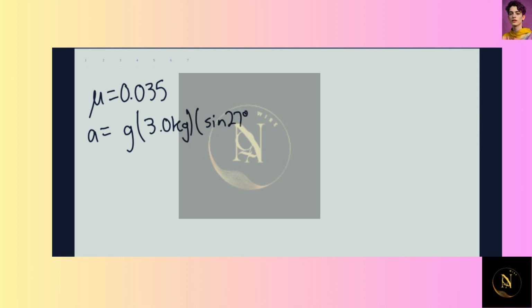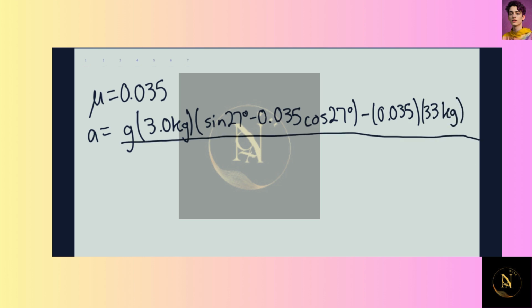So let's try mu equaling 0.035. So acceleration would then be equal to, again, g, the acceleration due to gravity on Earth, times 3.0 kilograms times sine of 27 degrees minus 0.035 cosine of 27 degrees minus 0.035 times 33 kilograms, all divided by 19.5 kilograms.